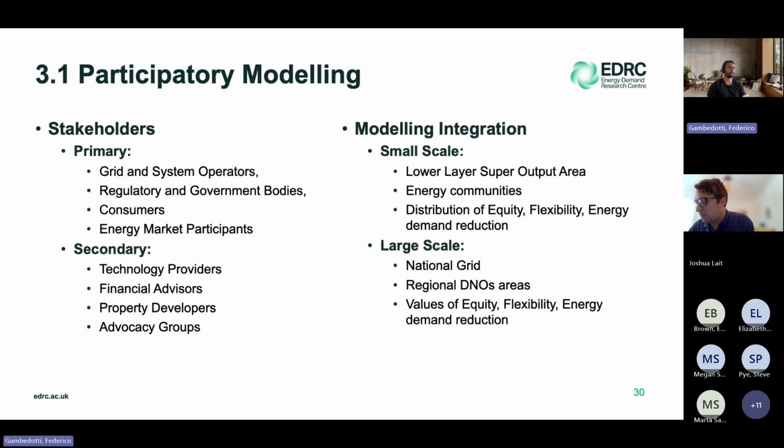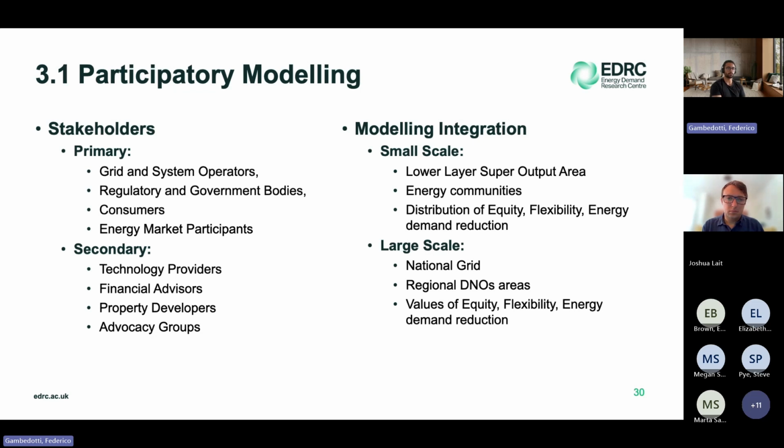My next step of the PhD is to set up this participatory modeling, which will be the core of my research. And there are 2 main concepts that I wanted to discuss today.